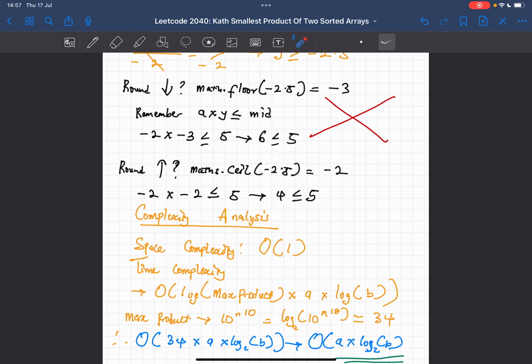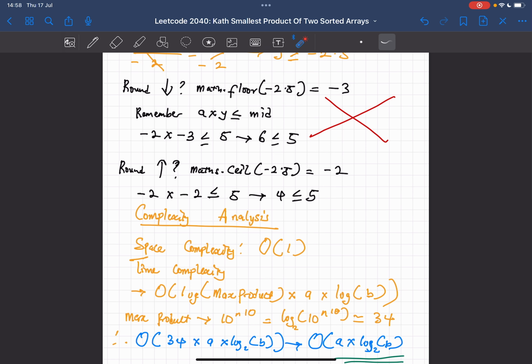So log 10 base 2 times, remember, we're iterating the values of nums1 and trying to find all possible pair combinations of the values in nums2, but we're not iterating over b. We're applying binary search to b, which is the possible values that are in nums2. So that gives us log of maximum product times log of b.